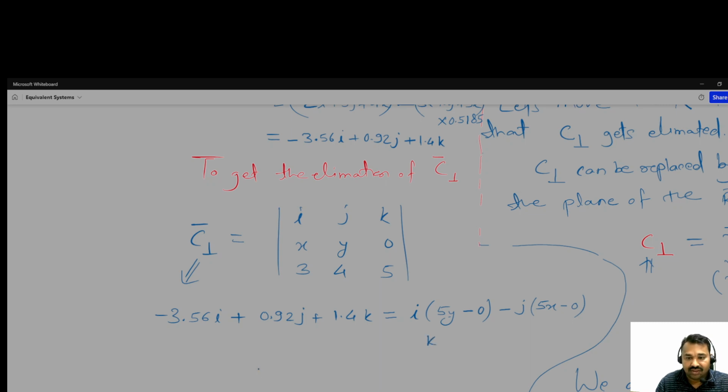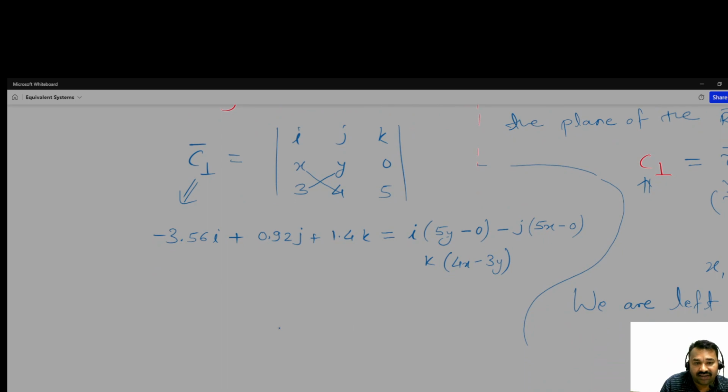It will be 4x, multiplied by this, minus 3y, so 3y. After this we have to equate this to the i, j, k components of the right side of the equation. Then we get the answer. I have already told about this: I have written 0.184 meter, and what about the y component? It is minus 0.712 meter.